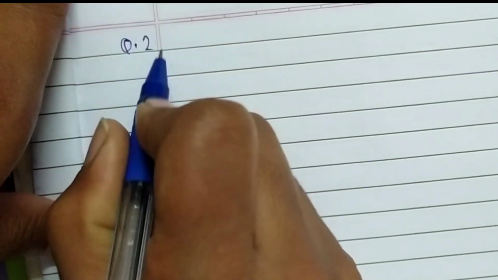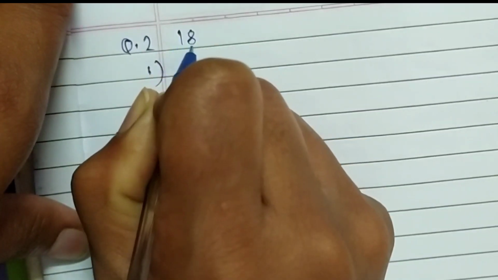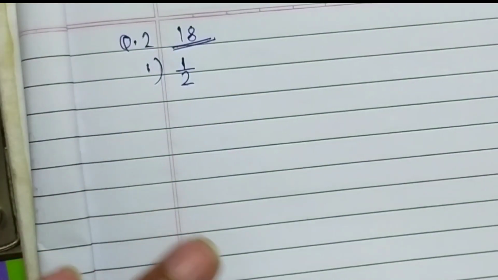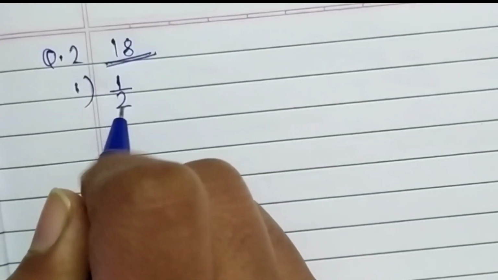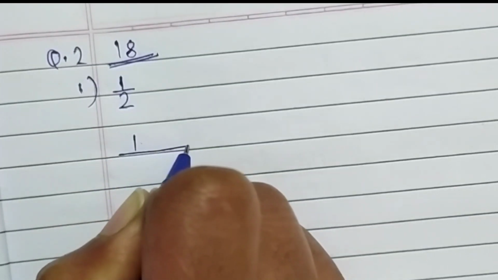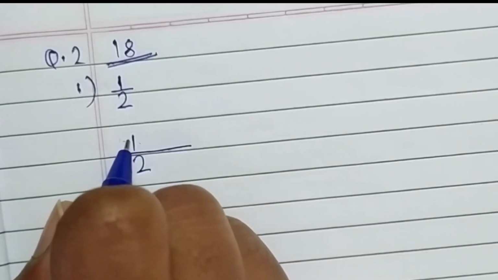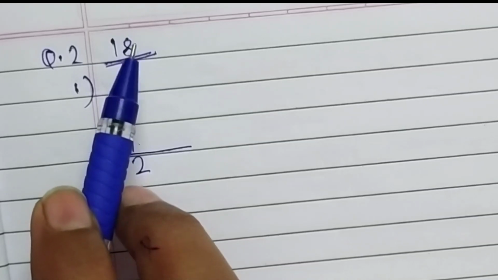Question 2's first, 1 upon 2. They tell us to find the equivalent fraction with denominator 18. Here we are going to multiply. Now forget the numerator and concentrate on the denominator in each and every fraction, because they tell us that in our answer the denominator must be 18.